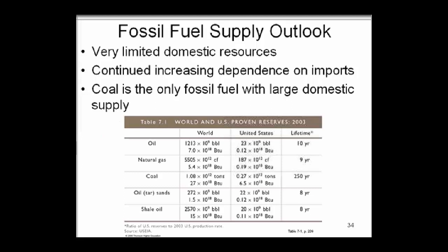Although there are significant issues of using coal, which we'll talk about in the next lecture. Table 7.1 shows this, that based on United States reserves and production rates, we have a very limited lifespan for all fossil fuels except for coal.